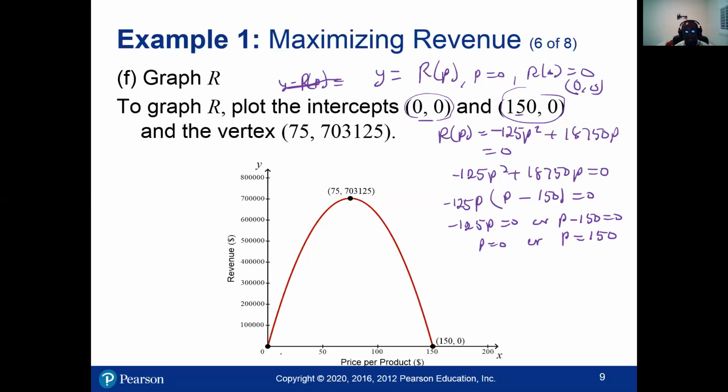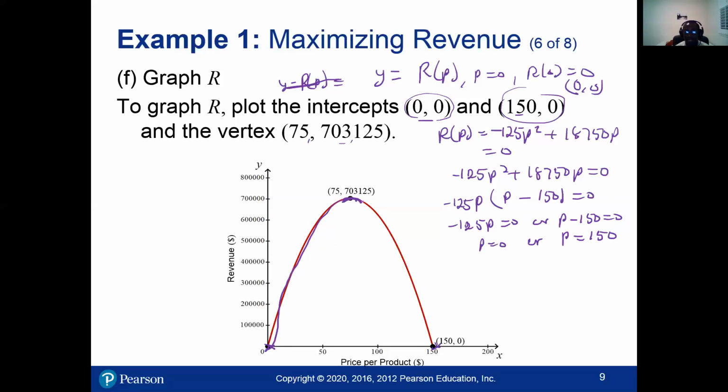So if I want to graph this, I plot my x-intercepts. My vertex is 75 and 700,125. So it is a maximum. There's a maximum point there, and the graph comes down and then hits that 0, 0. It doesn't go into the negative axis.